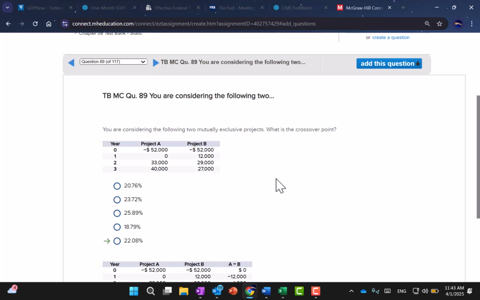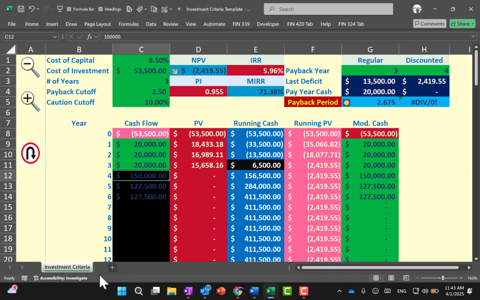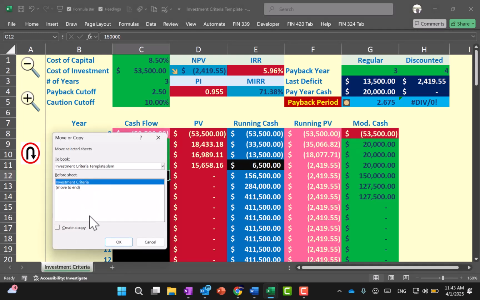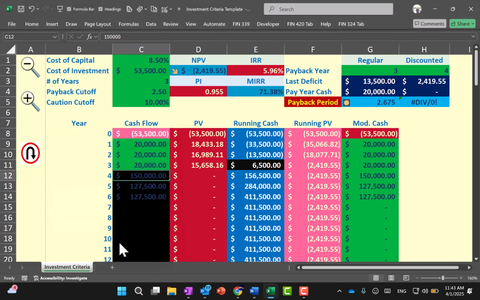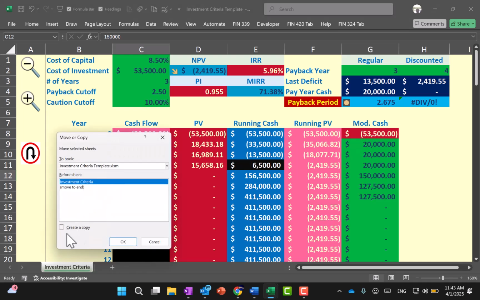That's what a crossover point is. So here's what I'm going to do. I'm going to actually create a copy of this.